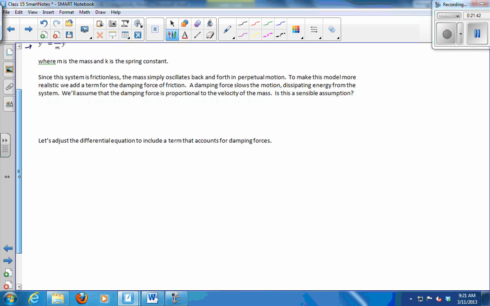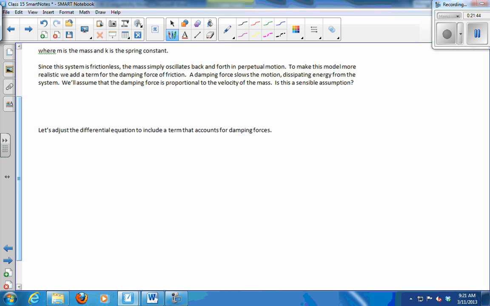We're going to assume that the damping force is proportional to the velocity of the mass. Does that make sense physically, to say that the faster the mass is moving, the more friction there is, and the slower it's moving, the less friction? For the mass, what? Well, yes, but the mass is constant. The value of the mass does not change for any given system.